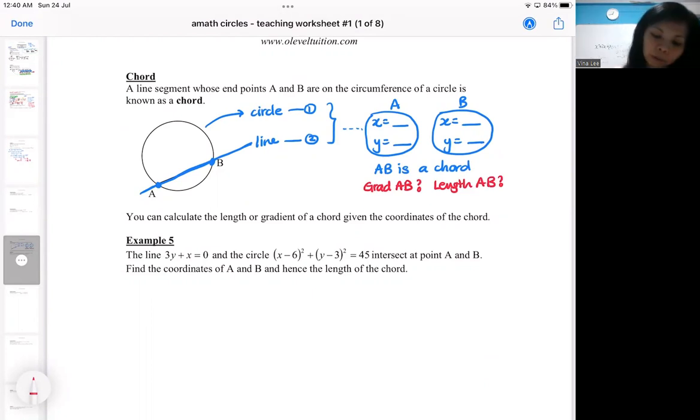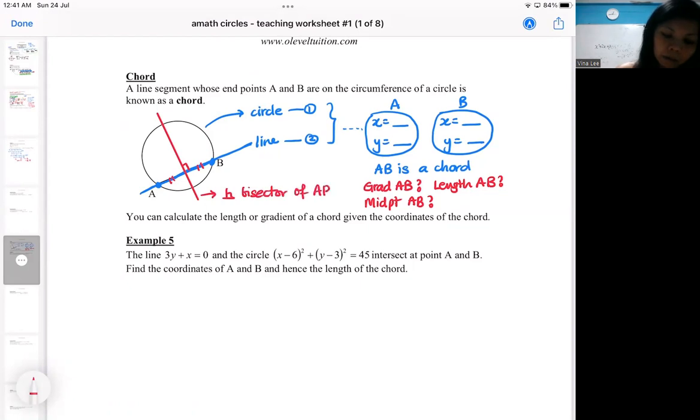Or they can ask you for the midpoint of AB, or they can even ask you for the perpendicular bisector of AB. So there is an important feature. If you work out the perpendicular bisector, like how you have worked it out for your A-Math coordinate geometry, this one is called the perpendicular bisector of AB.